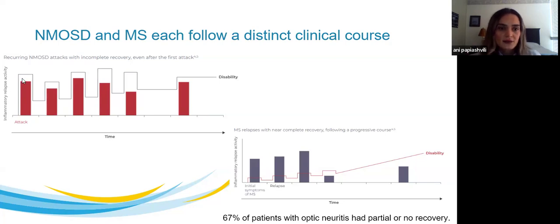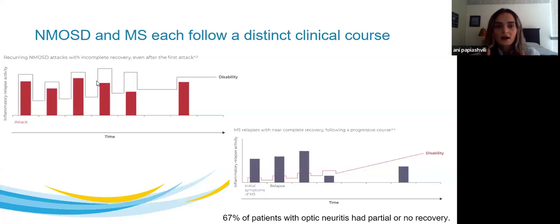It is characterized by incomplete recovery, but compared to that, multiple sclerosis is characterized more by relapses, and patients sometimes have near complete recovery, and of course after that it again has a progressive course. But in neuromyelitis optica spectrum disorder, it is always the same.